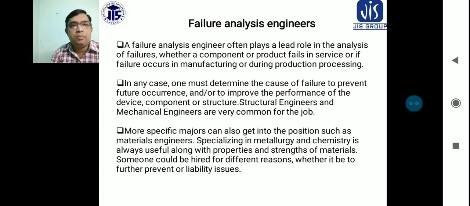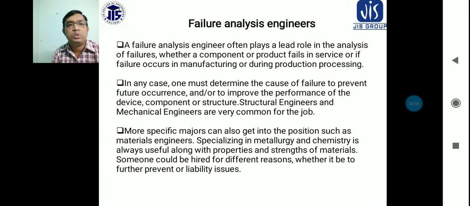Now, whether the components or products fail in service, or failures occur in manufacturing or during production processing, in any case, one must determine the causes of failures to prevent future occurrence and or to improve the performance of the device, component, or structure. Mechanical engineers are very common for these jobs.